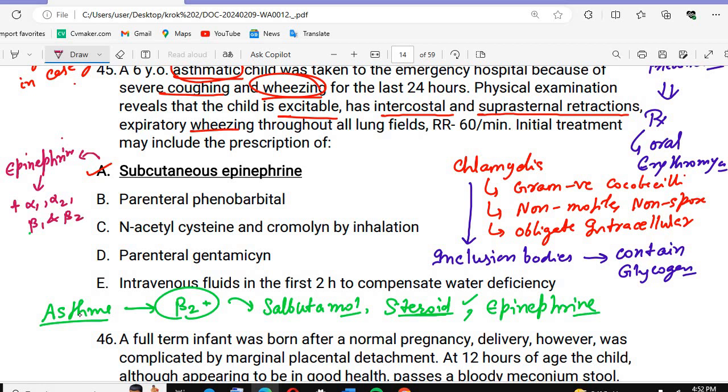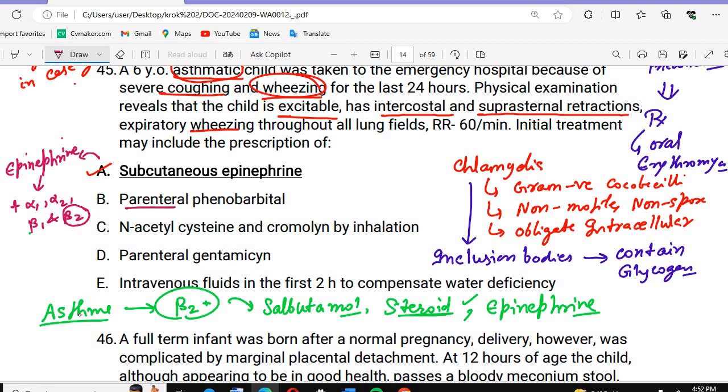Here we need to stimulate just beta 2 for bronchodilation. Of course epinephrine is not a good drug for just asthmatic patients, but here the other options are not possible.